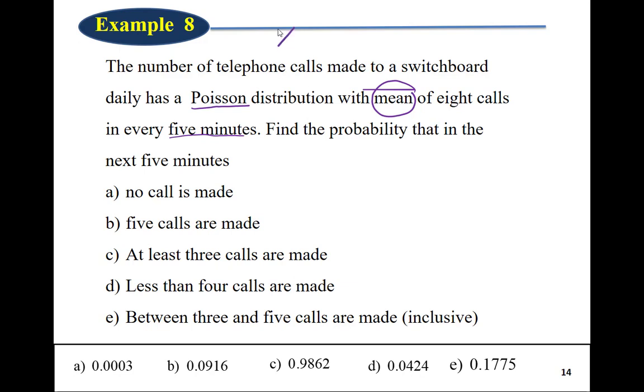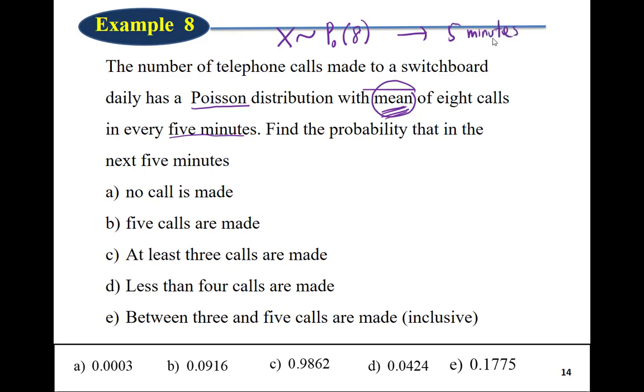We let x be the number of calls made to a switchboard in every 5 minutes. Note the lambda, the mean, the expected, the average. This one is the keyword. The mean is 8 calls, so our lambda is 8, and the range will be 5 minutes.